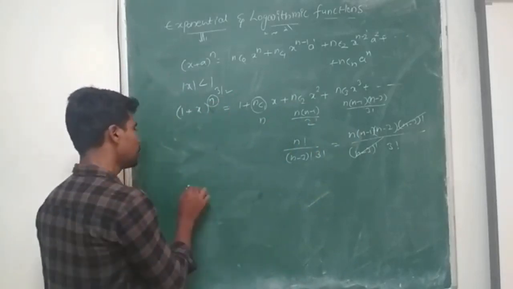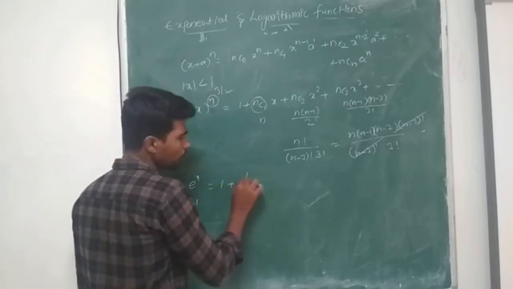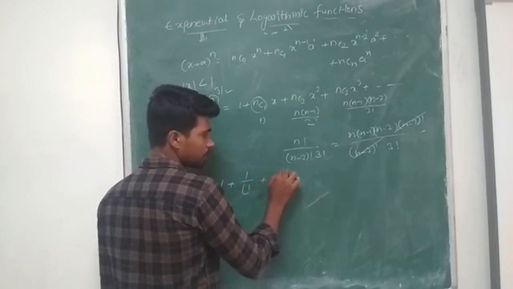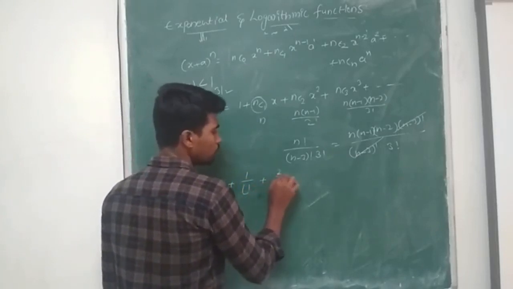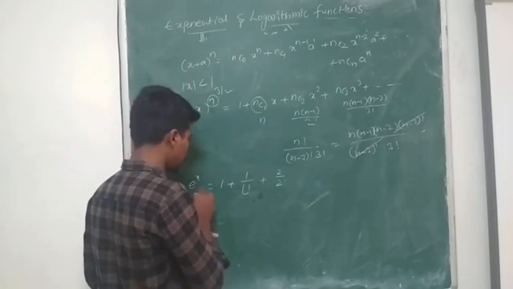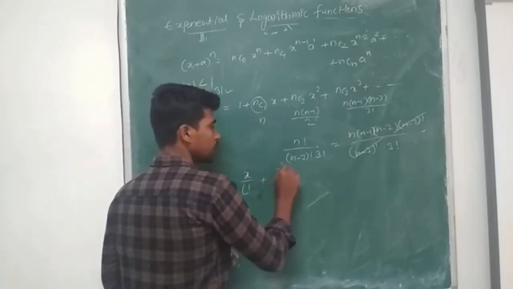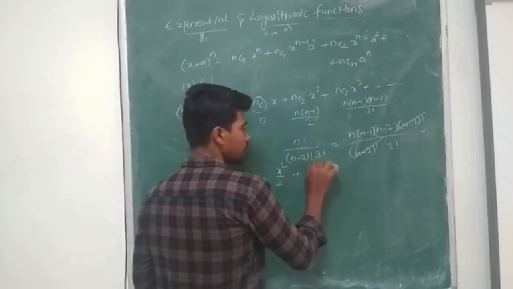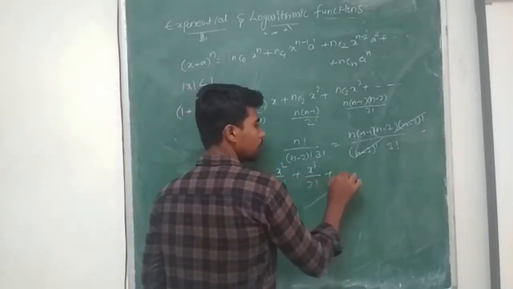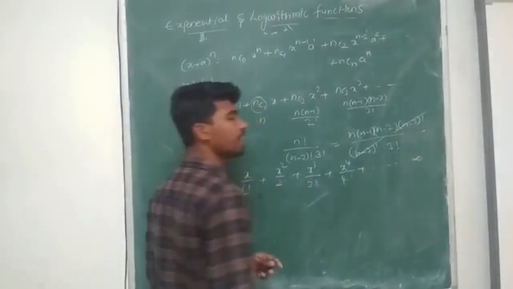Okay. Now e power x and e power 1 values we have given: 1 plus 1 by 1 factorial plus 2 by 2 factorial. See, I am writing for e power 1, right? So I am writing here x. If I have x, we get x square, next x cube by 3 factorial plus x power 4 by 4 factorial plus and so on, infinite terms.